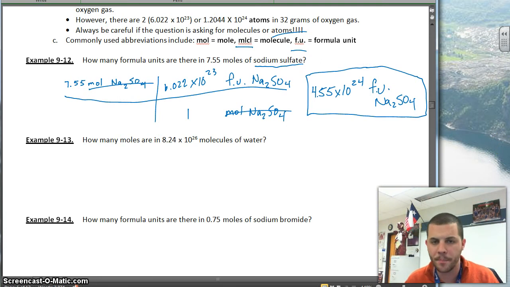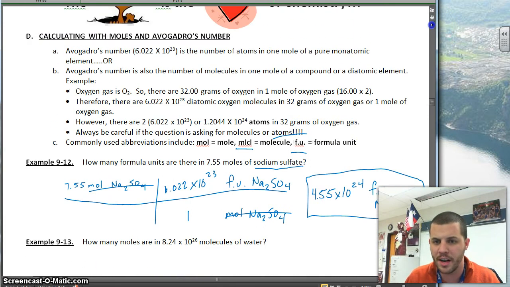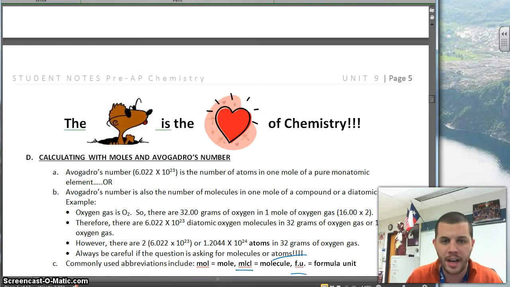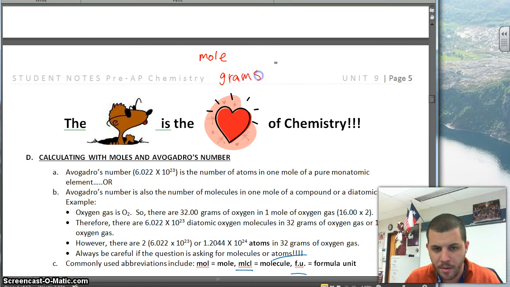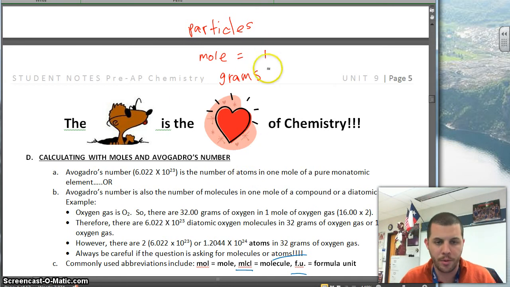Now I want you to write something down in your notes real quick. Find a good little empty spot and write: mole, grams, and particles. Anytime you have the word mole in a T-chart, you're always going to put 1 with mole.